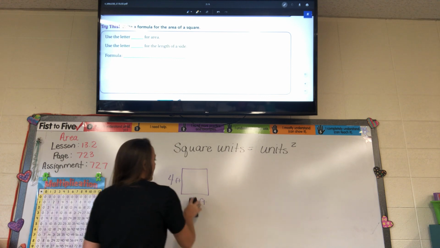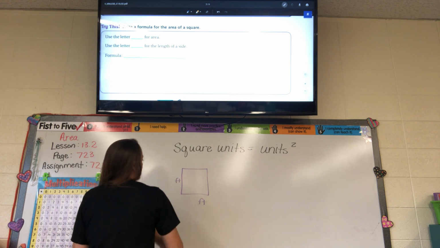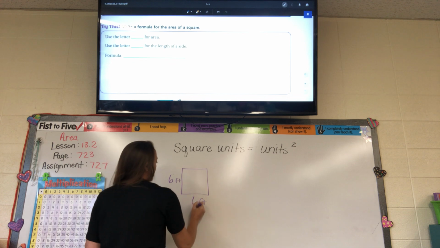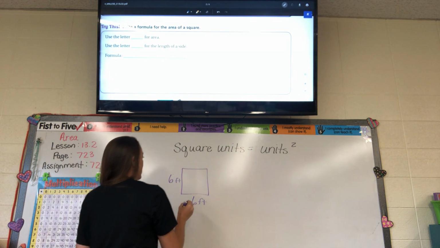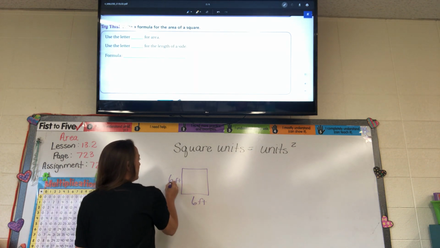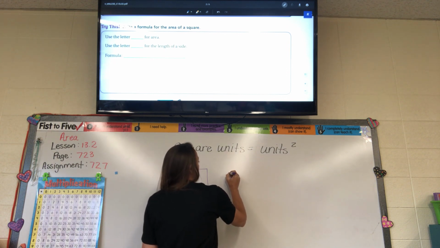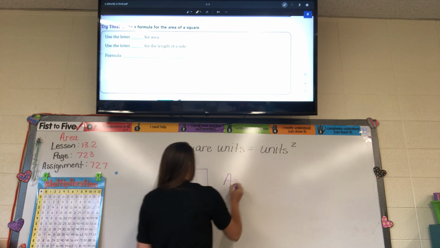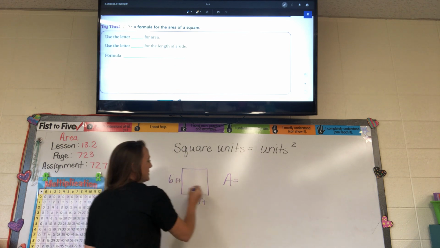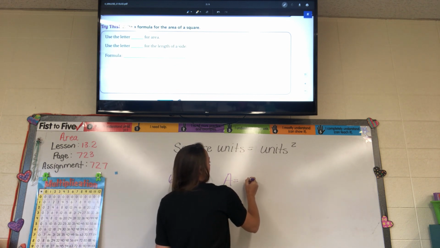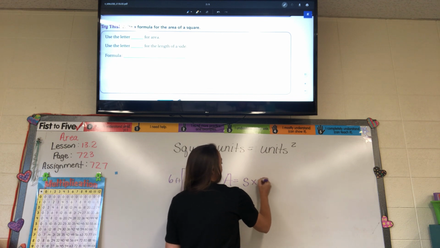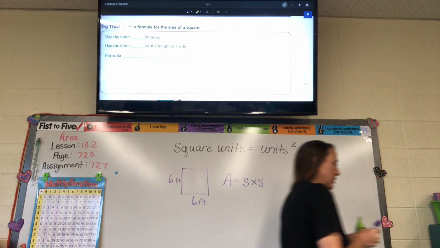Scratch that. Okay, I'm going to do one different one. Let's do 6 feet for a reason. We're going to do the area equals, in this case, 6 times 6, so side times side would work.